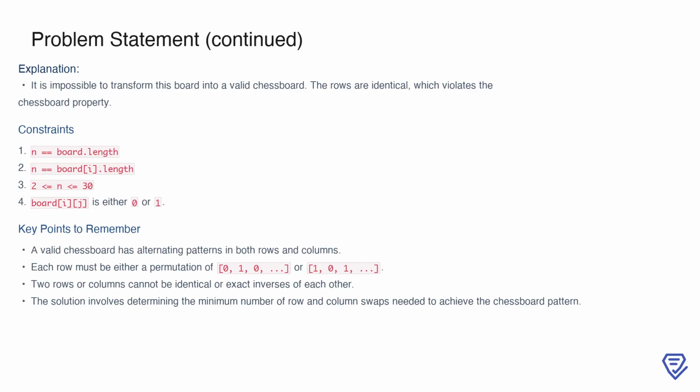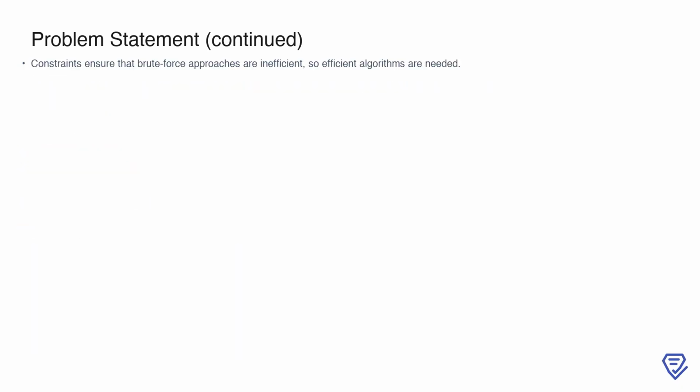Let's now review the broader constraints and key points for solving the problem. The constraints for this problem specify that the board will always be an n x n matrix, with n ranging from 2 to 30. Each cell in the board contains either a 0 or a 1. These constraints ensure that brute force approaches, which might involve testing all possible swaps, are computationally infeasible.